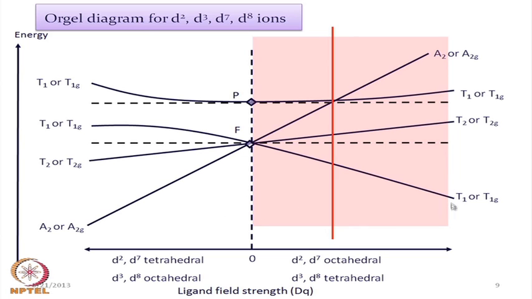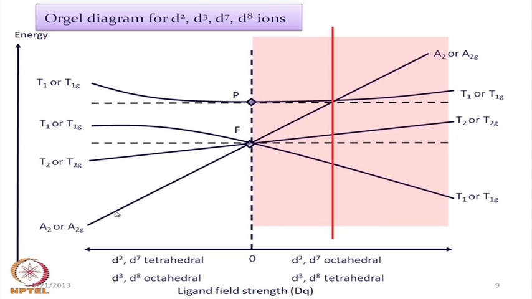Similarly, on the right hand side we have the G labeling and the non-G labeling, and what we can have for the P and F terms, if these are the two horizontal lines we can draw, is that this one deviates from the horizontal line, comes down and reaches P and then again deviates. Similarly, when F is splitting for this T1, it goes up but deviates, and this T is basically deviating from this horizontal line.